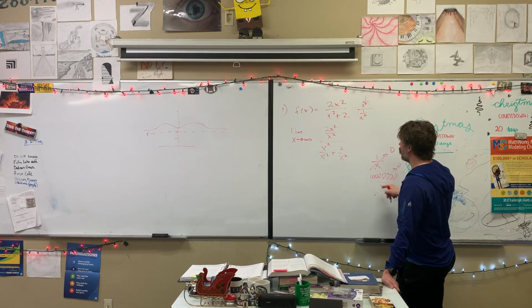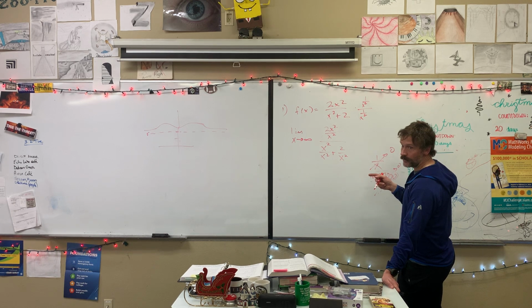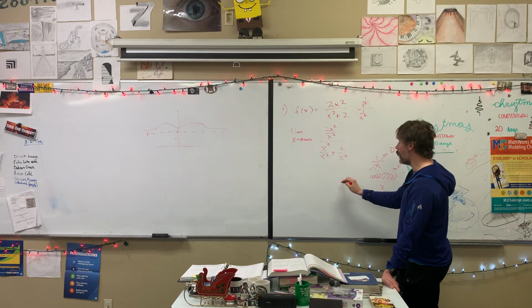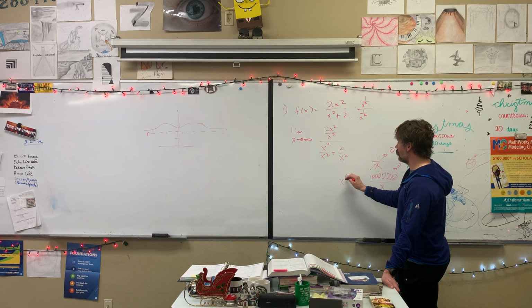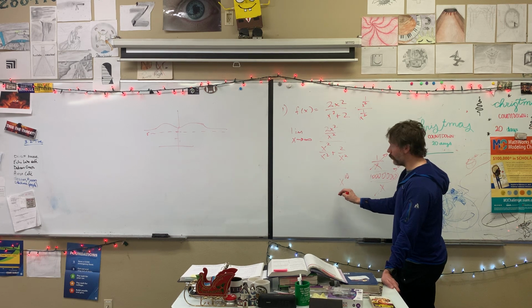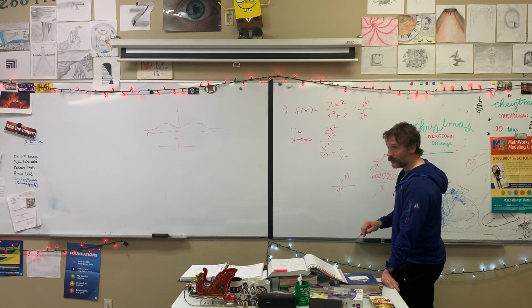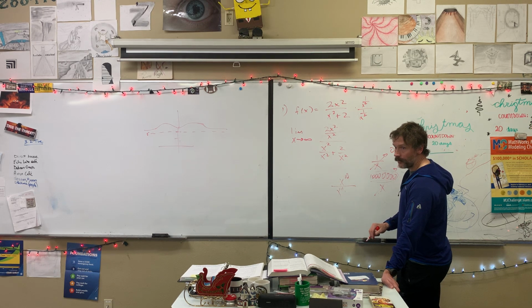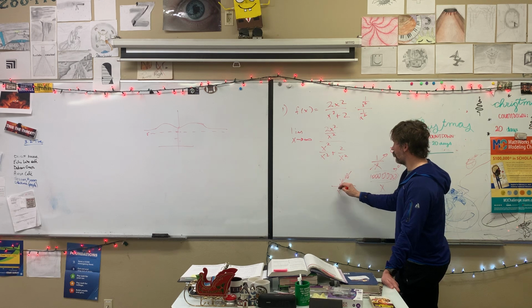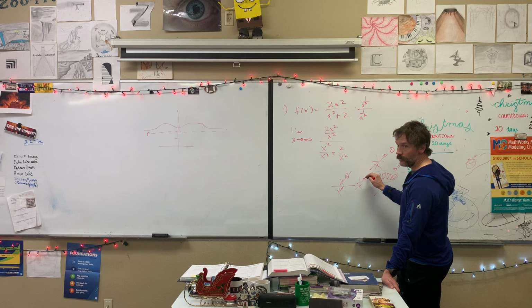So the driving force is whatever is the largest exponent, because you could have x to the 10th, and you're like, man, that's really big. However, if it's over x to the 11th, then that simplifies to 1 over x, and it's still going to go to 0. So the denominator is what drives it.